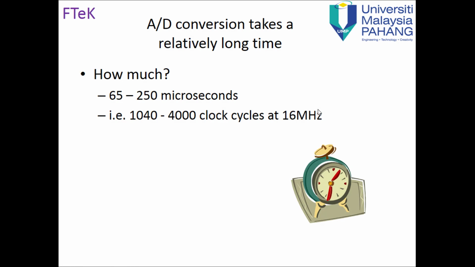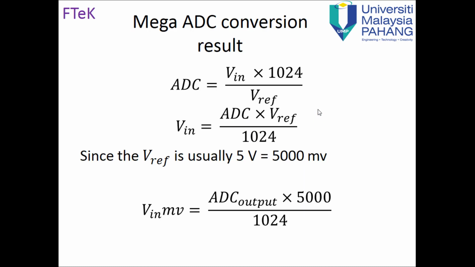Finally, you should know that ADC conversion takes between 65 and 250 microseconds, which is equal to 1040 up to 4000 clock cycles at a 16 megahertz clock. The equation to get the value of the ADC is simply like this. V reference is usually, as we said, by default 5 volts or 5000 millivolts.